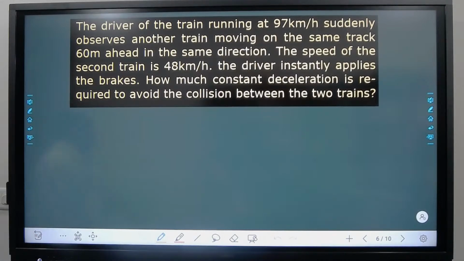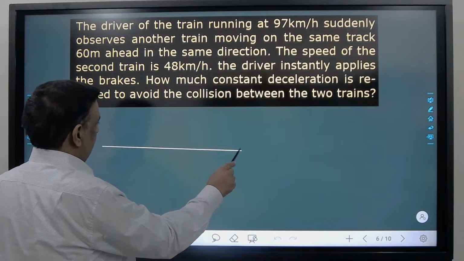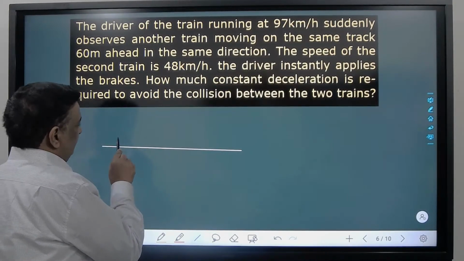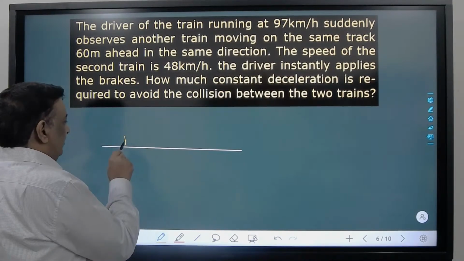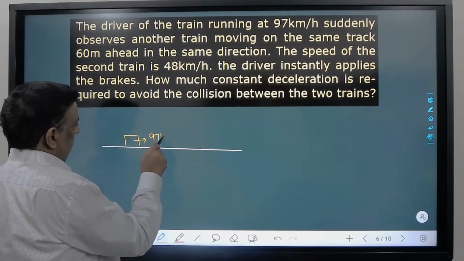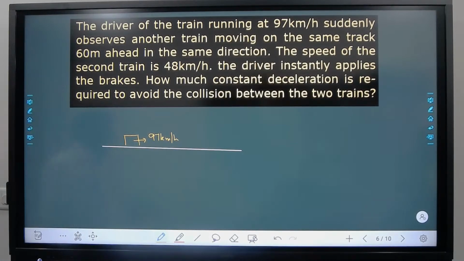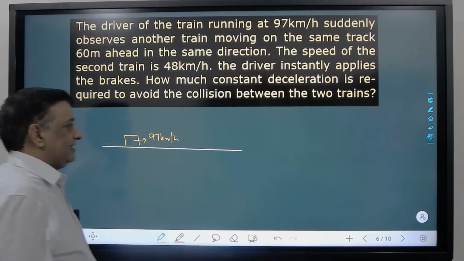A driver of a train running at 97 km per hour observes another train moving on the same track 60 meters ahead in the same direction. You have a train which is moving with 97 km per hour, and you observe another train moving in the same direction at a slower speed, 60 meters ahead.